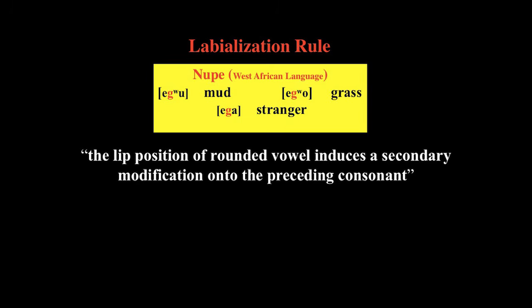Now, how can we change this rule statement into phonological rule notation? We simply write a consonant becomes plus round whenever it is followed by a vowel that is plus round.